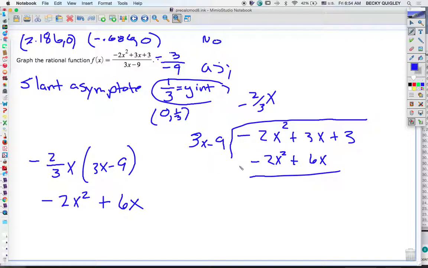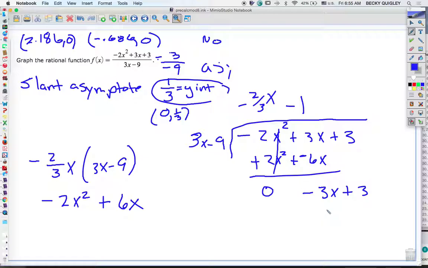So with normal division, we would subtract. So it's minus these values. I'm going to change both signs. That's all that subtraction does. So that goes to 0, which we expected to happen. This gives us negative 3x. Drop down our plus 3. 3x goes into negative 3x negative 1 time.